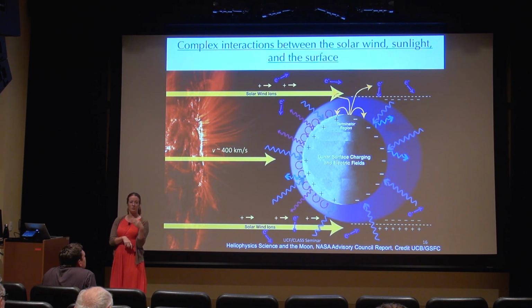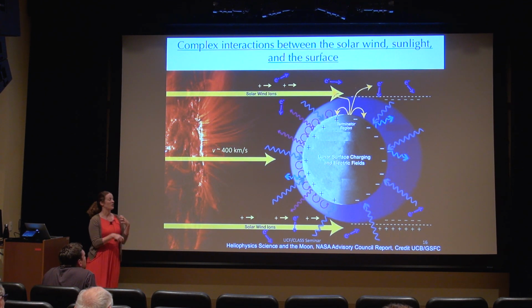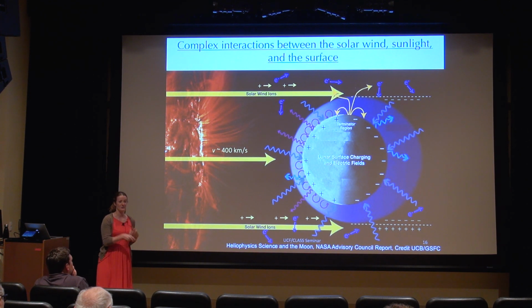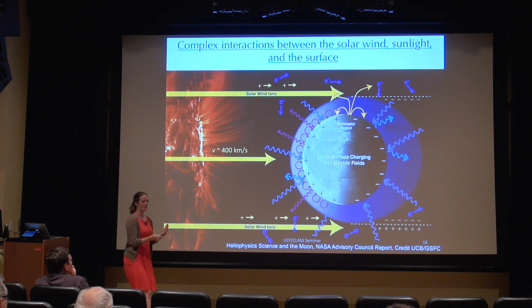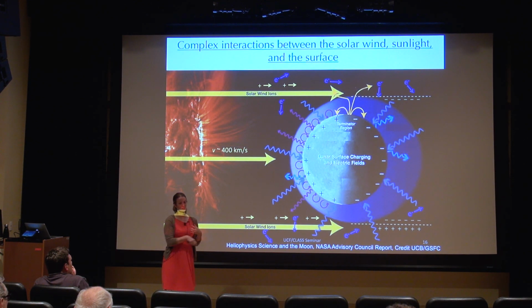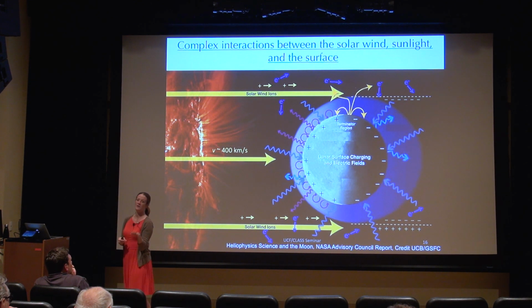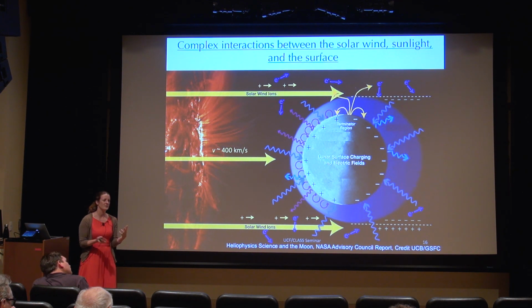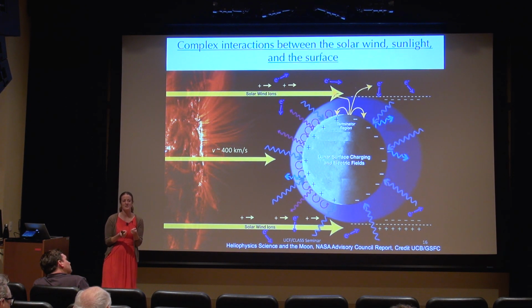High energy light, UV and X-ray, that can cause what's called photoemission. So if you have high energy light hitting the surface, it can actually cause the surface to emit electrons. And so you get this interesting population of electrons and ions just above the surface and on the surface of the moon or an asteroid that causes particles to be charged and causes electric fields.